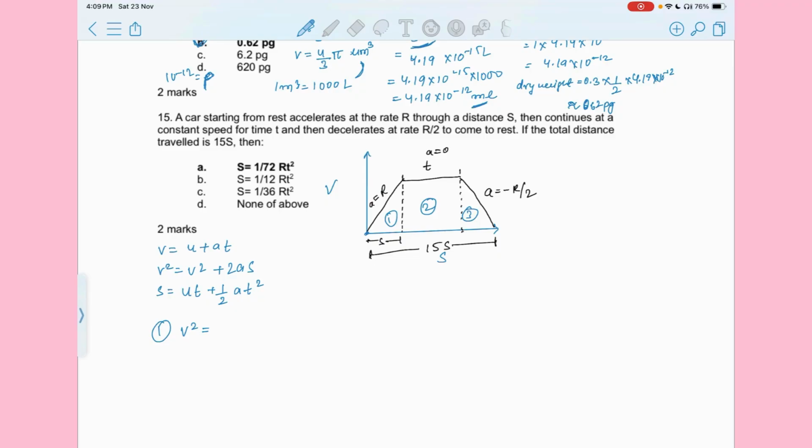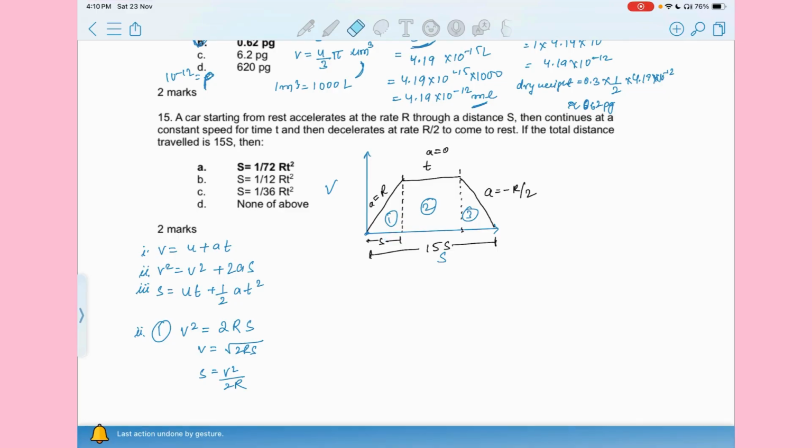I'm using the second equation here right now. v square is equal to 2rs. So v is equal to under root 2rs, and s will become v square upon 2r. For this part, we'll say it to be s dash. Okay, no, let it be, because it's already mentioned in the question to be s. So let it be s.